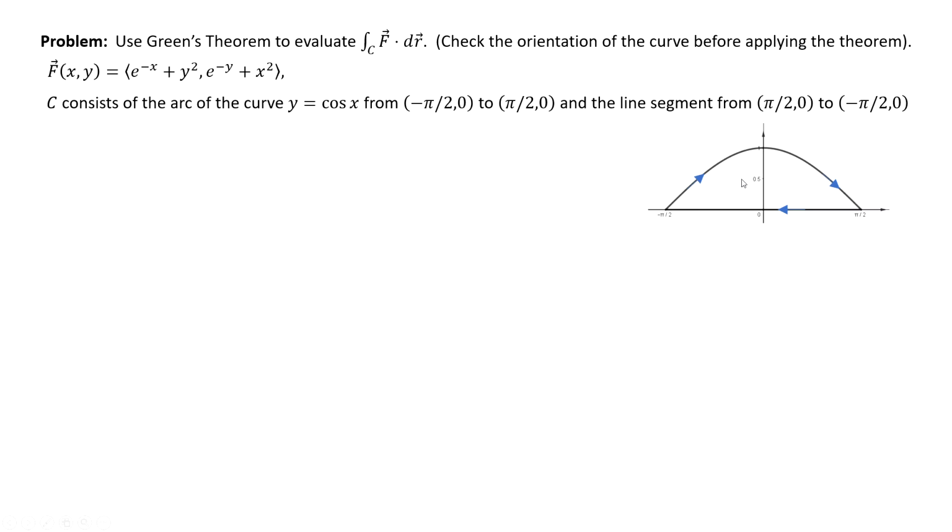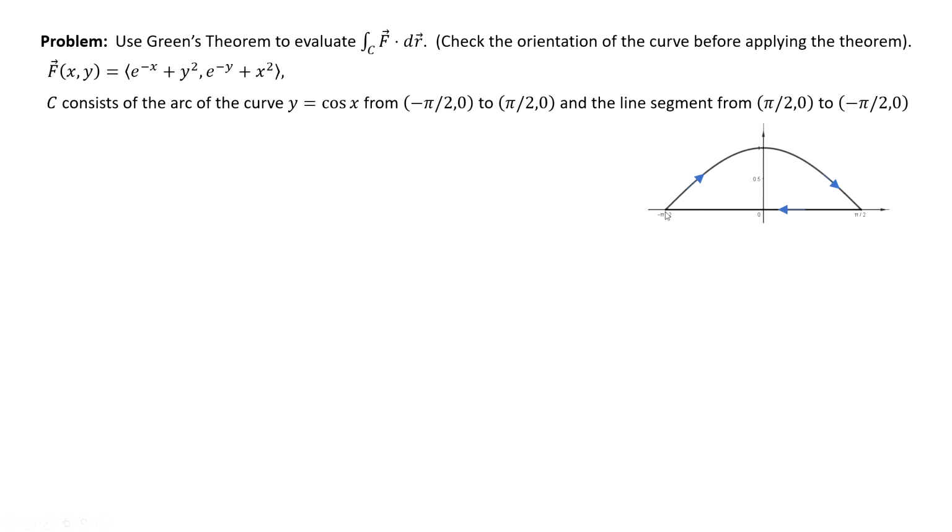So the book doesn't give you this figure, so I went ahead and drew this figure using GeoGebra. Basically cosine x, and x goes from negative pi/2, oh, it had me scared a little.